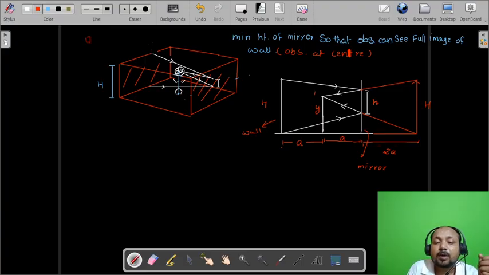So in triangles A, B and C, and E and F, AEF and ABC are similar triangles.